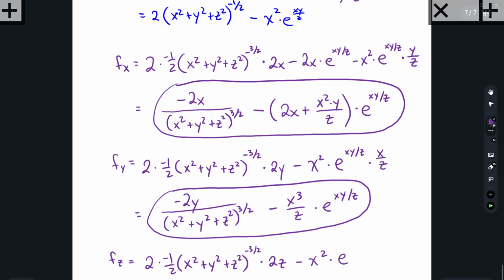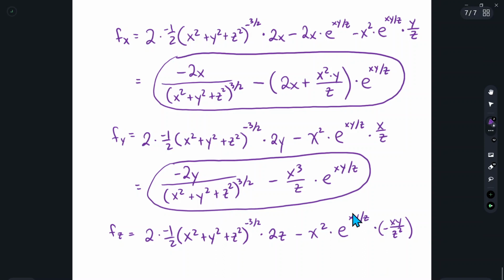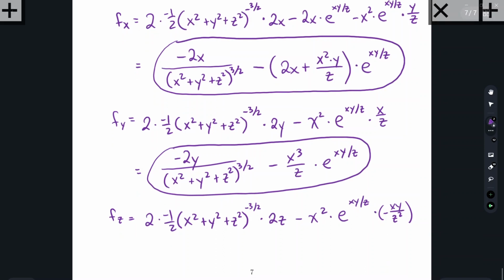The exponential, I need to apply the chain rule, so this times the derivative of the inside. Now z is the variable, and it's in the denominator, so I think of it as z to the minus 1. The minus 1 comes down, so that's minus xy, and then the exponent is negative 1, and negative 1 minus 1 is negative 2, so I push it into the denominator as z squared. Okay, so that's the derivative of the inside here with respect to z.